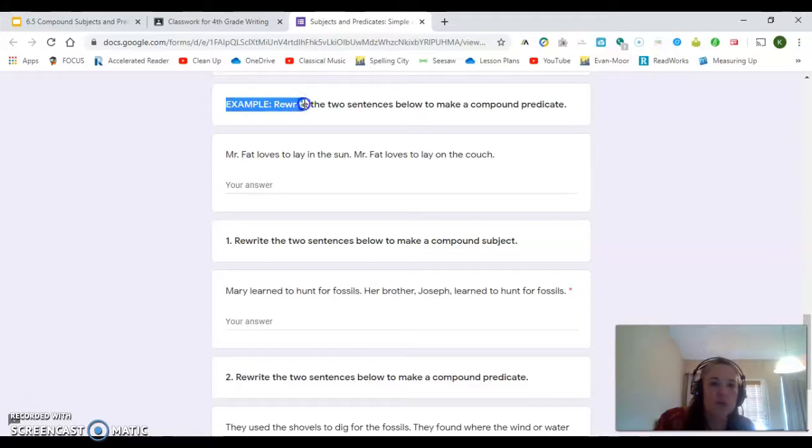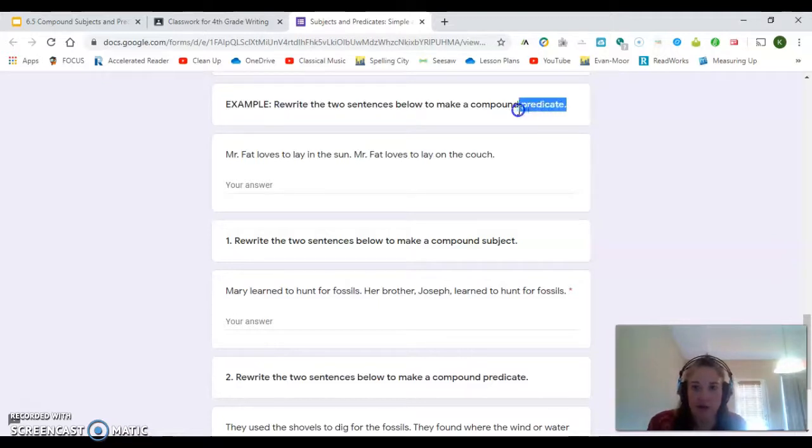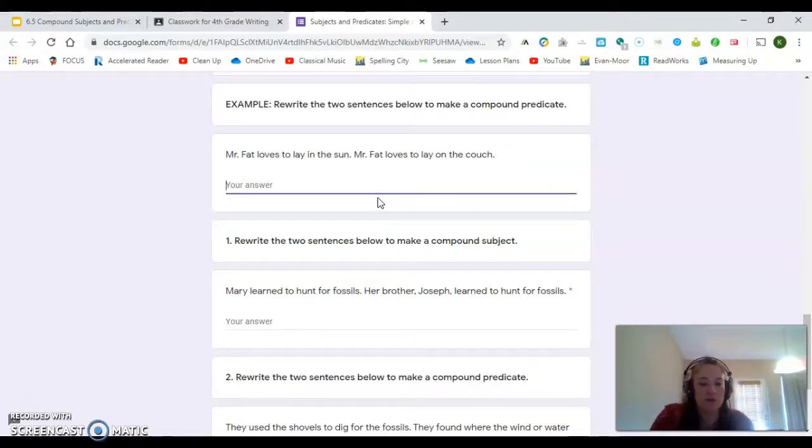Example, rewrite the 2 sentences below to make a compound predicate. All right, so remember the predicate is the action. Compound means we're putting it together. So I have Mr. Fat loves to lay in the sun. Mr. Fat loves to lay on the couch. Okay, well, I know I'm going to start with Mr. Fat because the subject is the same for each sentence.